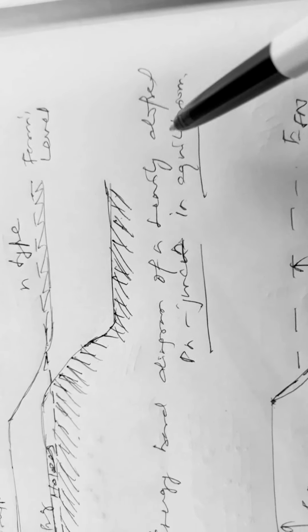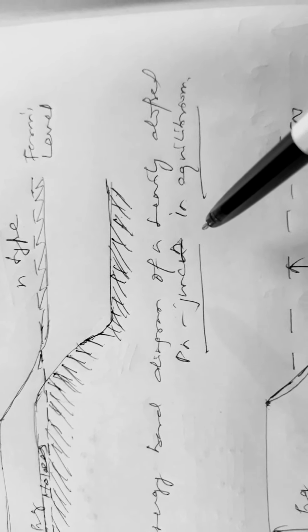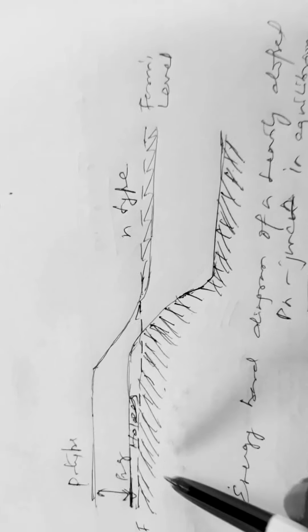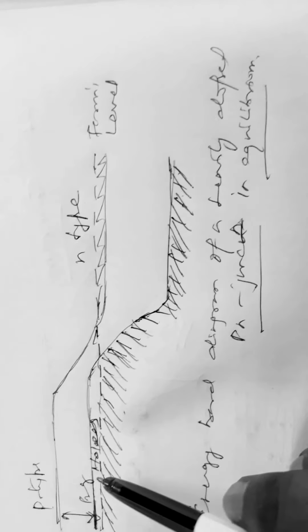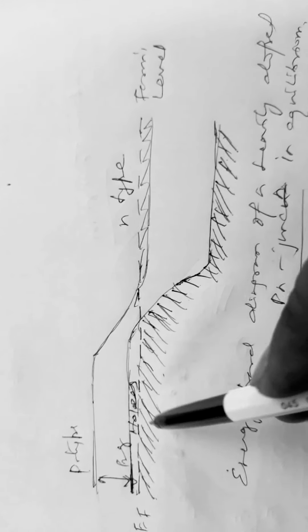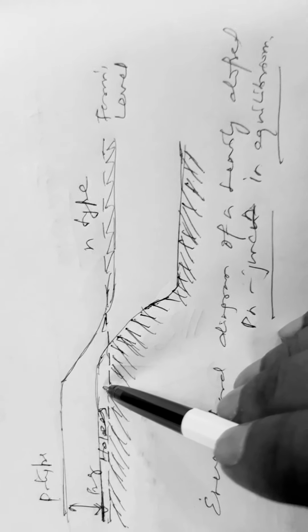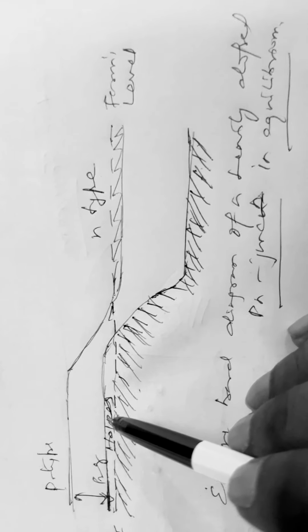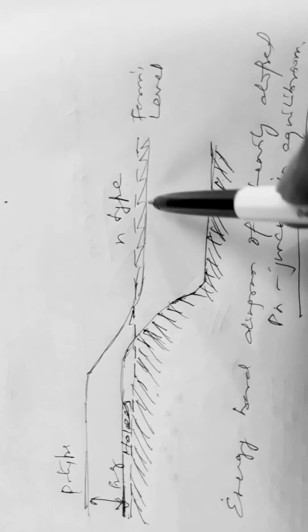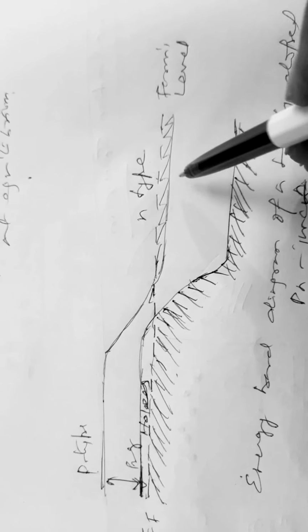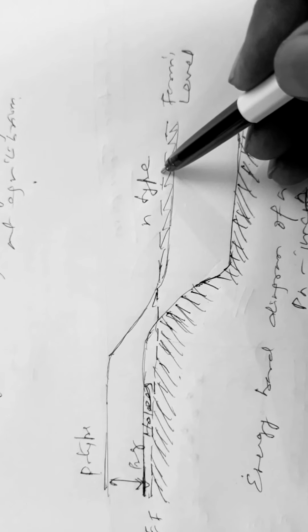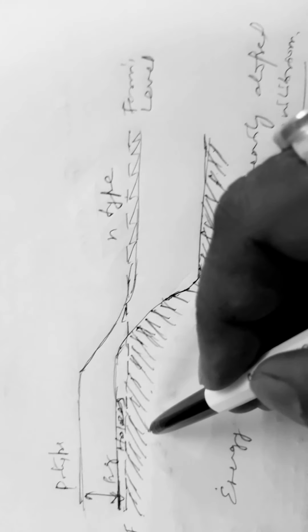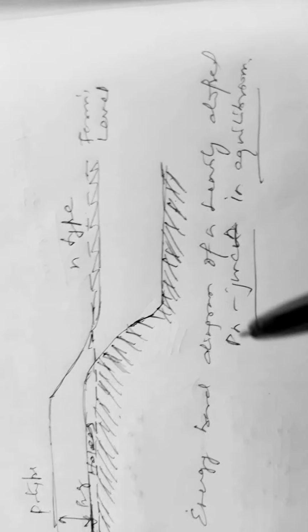When the doping levels are very high, the Fermi level in the p-type region is just below the valence band, and in the n-type region it is just above the conduction band. So the energy band diagram of the p-n junction formed between two heavily doped regions is shown in this figure.